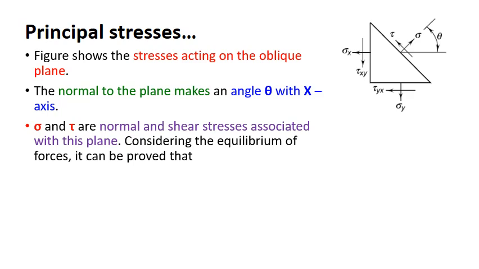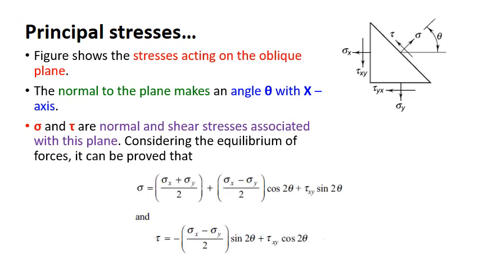Okay, so we have two components, normal stress as well as shear stress, right? Now you consider the equilibrium and then we can do it, but you have already done it in mechanics of solids, how to get this equation. So let us not do it again. We will get this expression for normal stress sigma and shear stress tau.